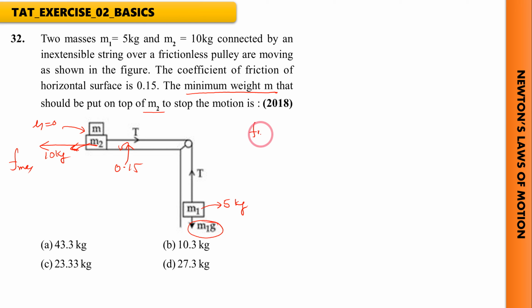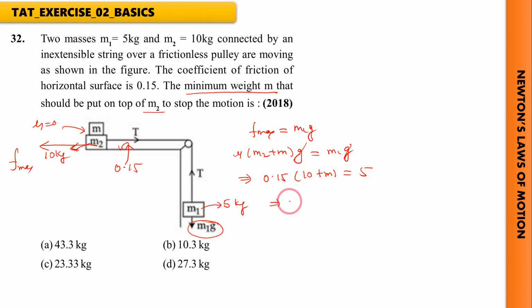So that limiting friction force and M1g should be balanced, right, in order to not move the system. So F max equals M1g. Now how will F max come? So mu into M2 plus M will give it, okay. Now substituting and simplifying, 0.15 into (10 plus small m), g will get cancelled, equals 5.